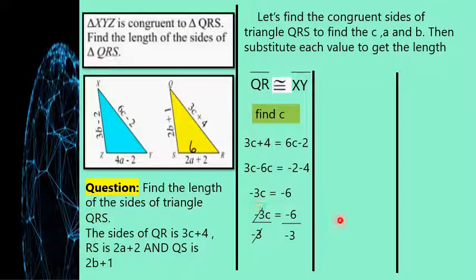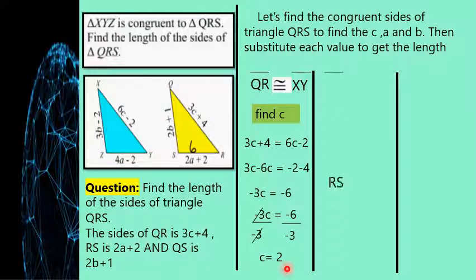And then negative 6 divided by negative 3, according to the law of the integers, if these have the same sign and you divide, the result is positive. So divide the numbers, then the sign is positive. So c equals 2.